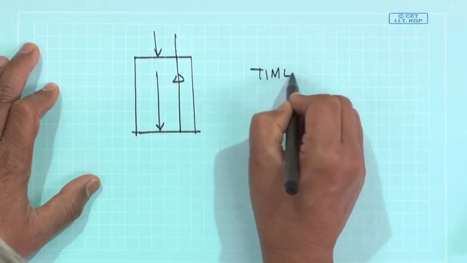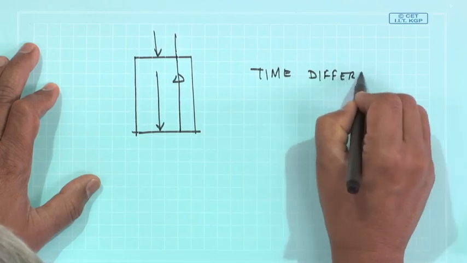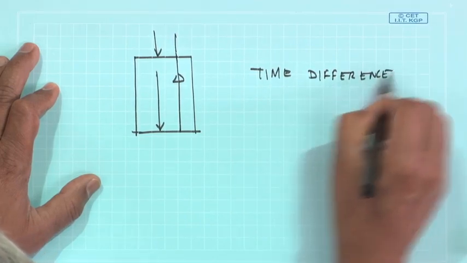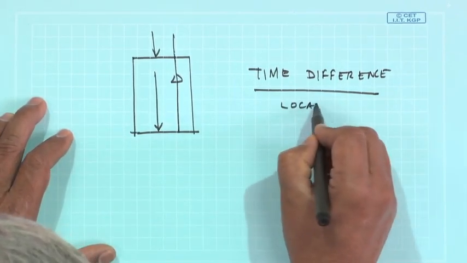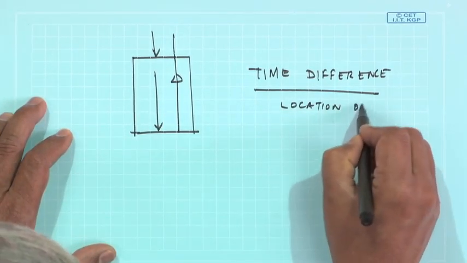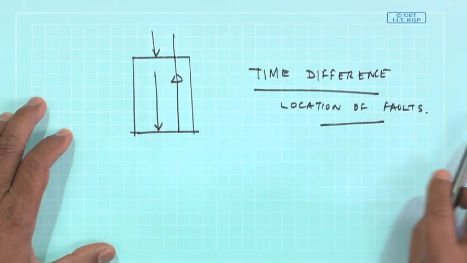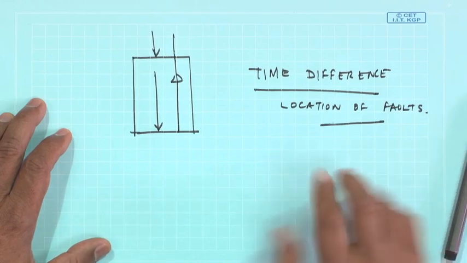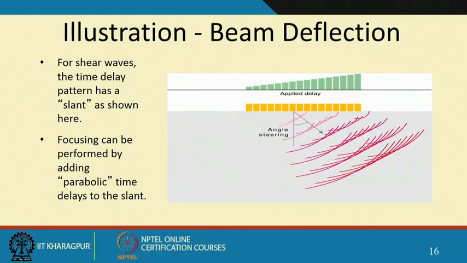So, time delay or time difference is the key to finding out the location of the fault. This has been exploited to develop ultrasonic thickness gauges, and this has been exploited to find out weld defects.